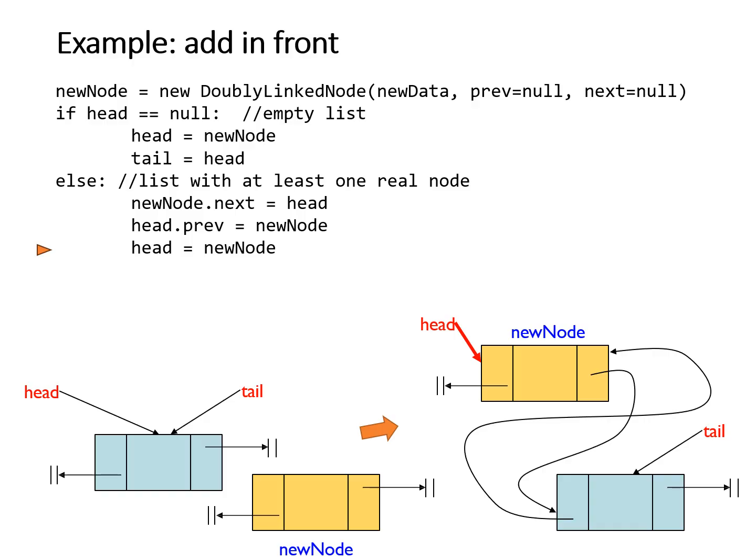And finally, we reset head to point to the newly added node. Note again that the order of these operations is very important. And that is only for the comparatively simple case of adding in front.